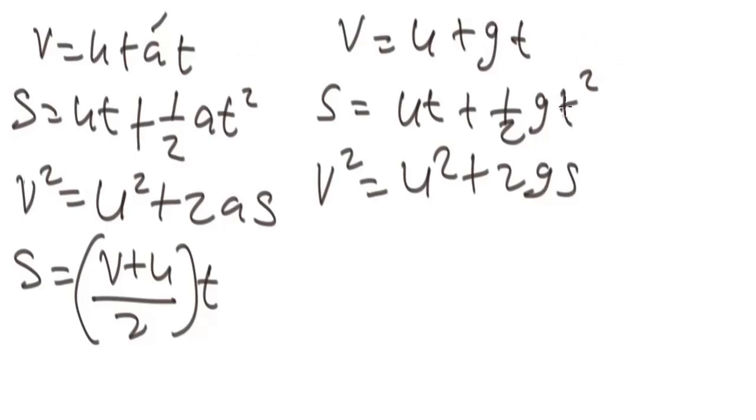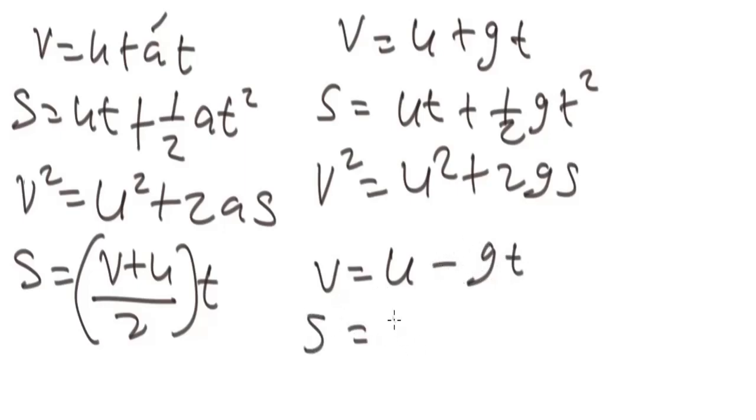Alright. Now this equation is when the motion is responding to gravity, for instance when a body is falling down or when an object is thrown down. But when an object is thrown up or something is moving up, it is going against gravity, so the equation of motion will be u minus gt, because this minus signifies that it's going against gravity.